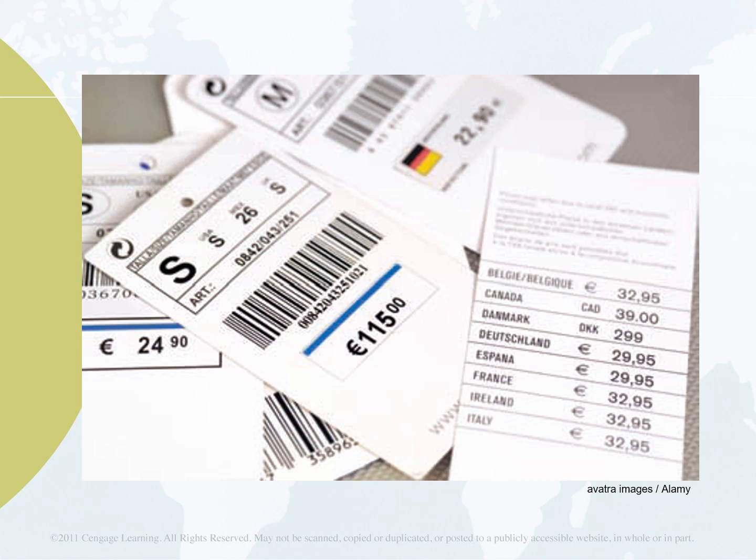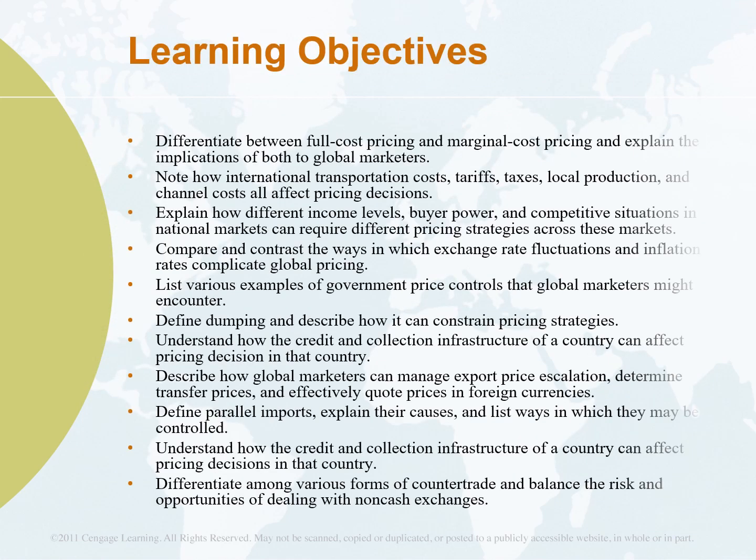products and services. The learning objective of this chapter is that afterwards you'll be able to differentiate between full cost pricing and marginal cost pricing, and explain the implications of both to global marketers.